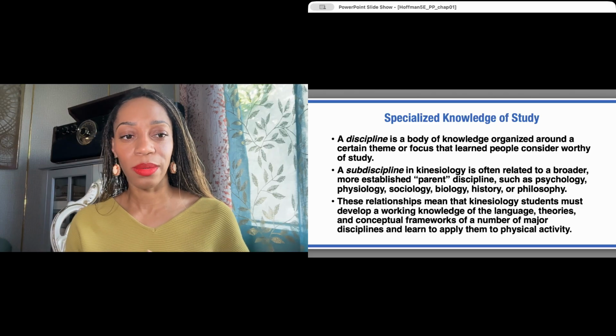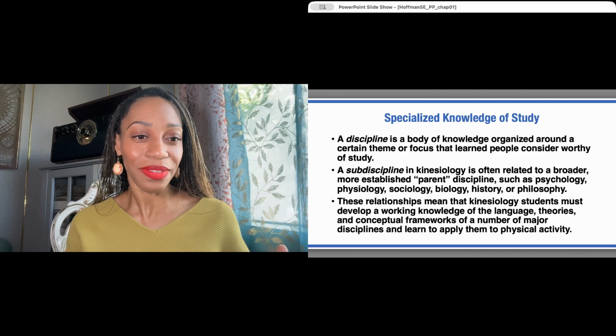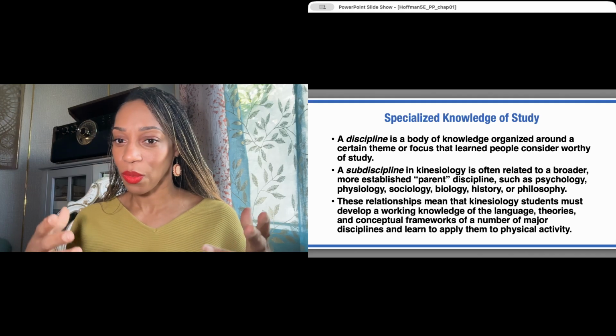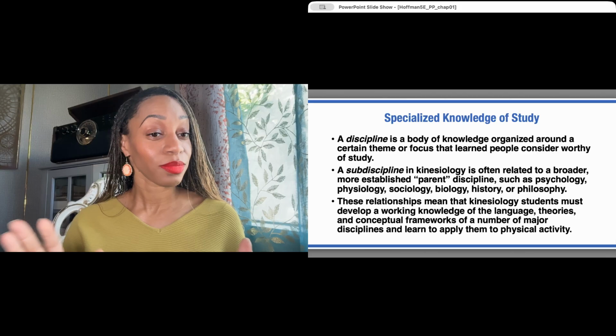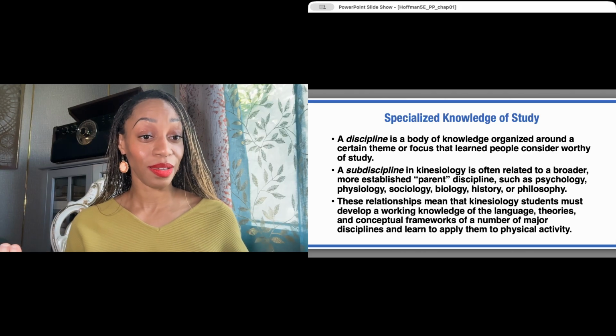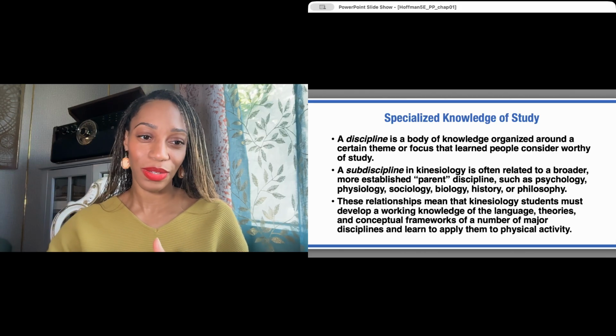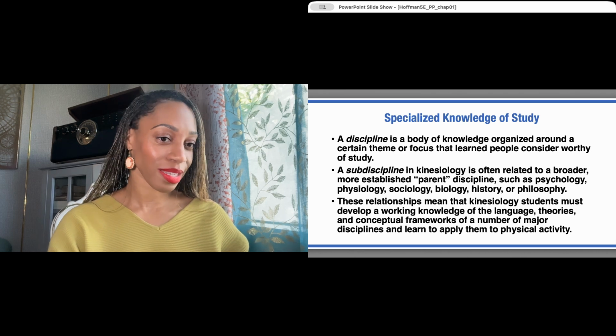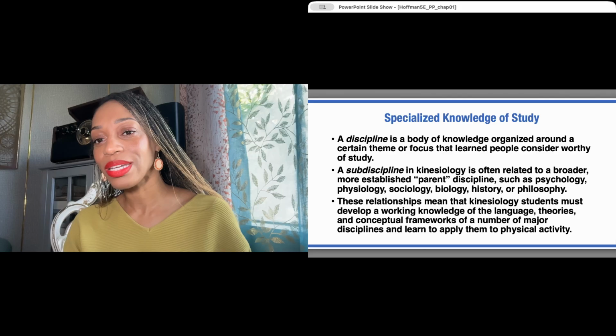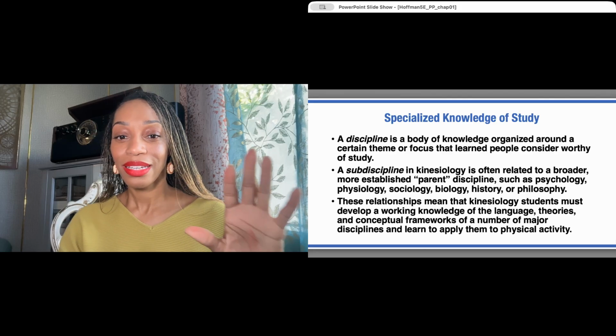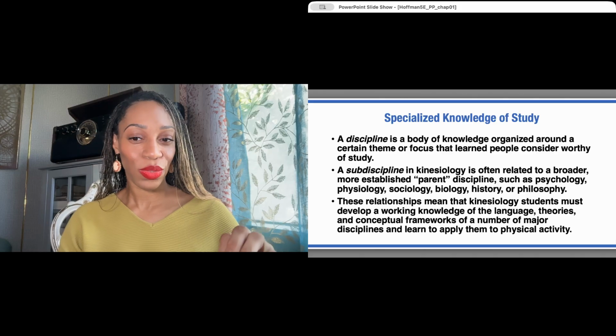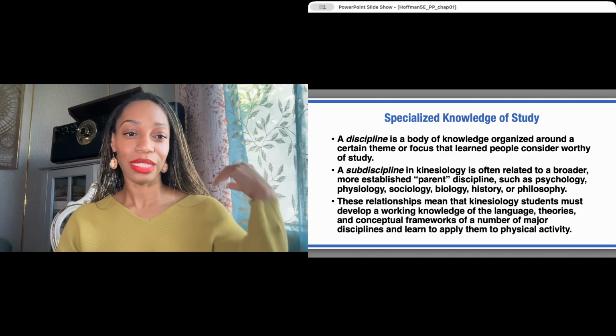And even though it may not extensively be related to history or philosophy, depending on where you go in your field, you will use more of those subfields. So let's say you want to be a sports psychologist, then you probably would not need as much knowledge in the biology. You still need biology.